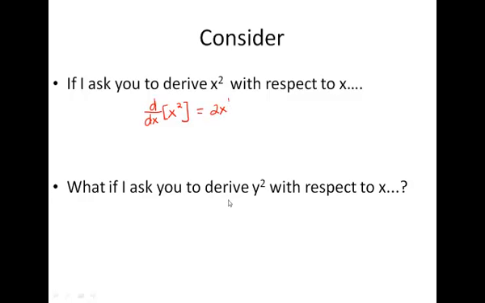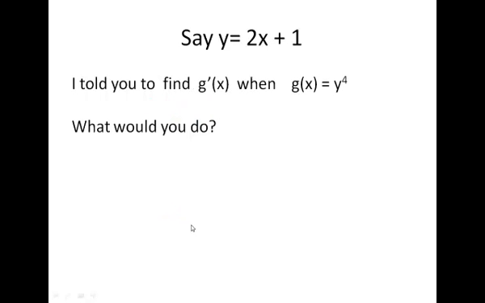Great. But now what if I asked you to derive y squared with respect to x? Here you have your derivative with respect to x as your notation, and then you have this y squared. I'm supposed to be deriving around x here, but my variable is y, so something's not adding up. So consider this.